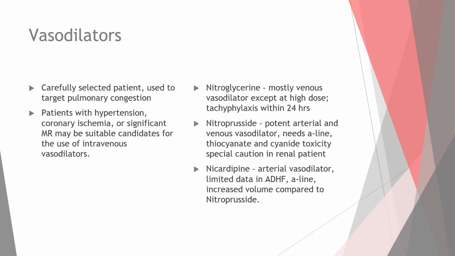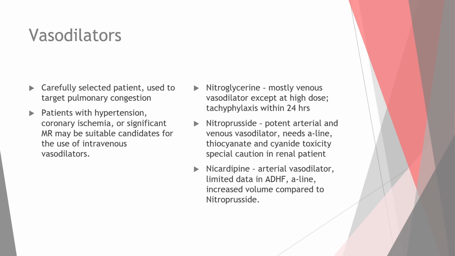Up to now, we've covered some of the management for chronic heart failure, which can also be utilized in the acute decompensated heart failure state. What about just the acute decompensated medications that we could utilize? Vasodilators, in carefully selected patients, are used to target pulmonary congestion. Patients with hypertension, coronary ischemia, or significant MR may be suitable candidates for the use of IV vasodilators.